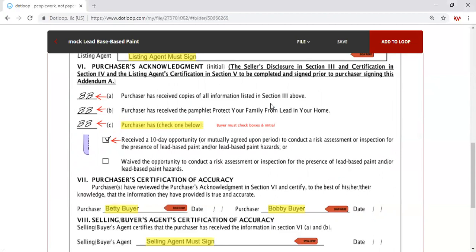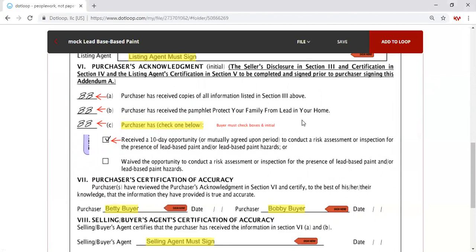Item 4B, the purchaser has received a pamphlet, Protect Your Family from Lead in Your Home. They initial that. You also, as the buyer's agent, can share that document with your buyer through dotloop.